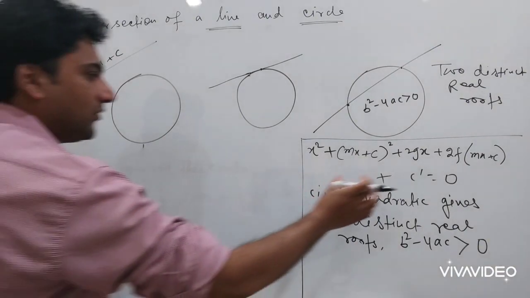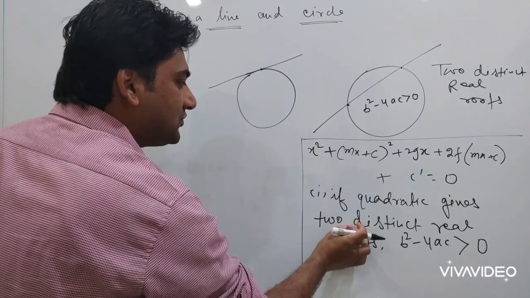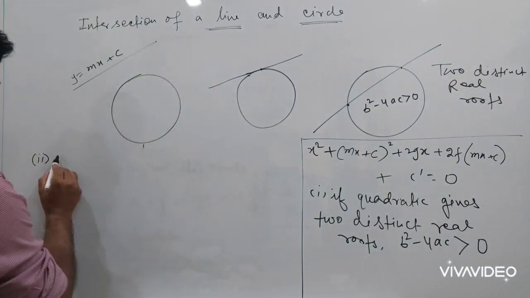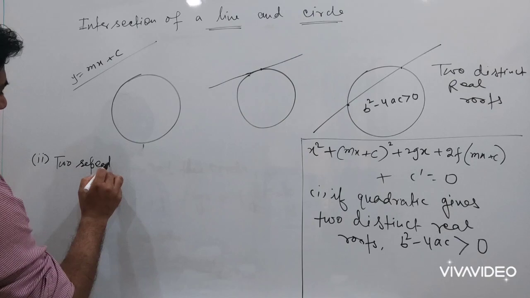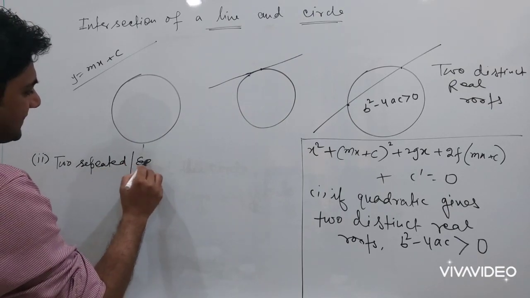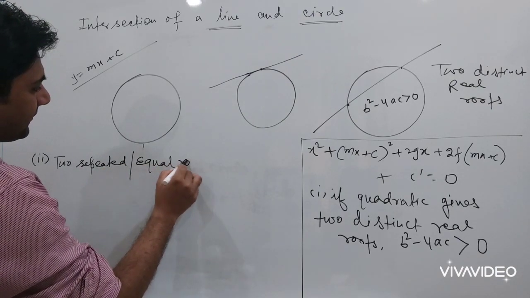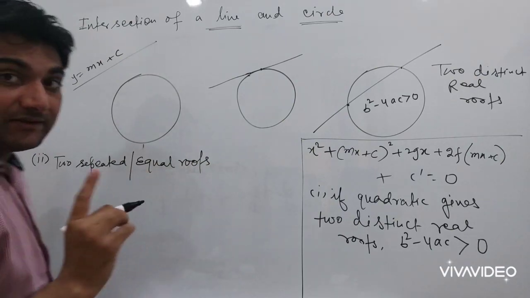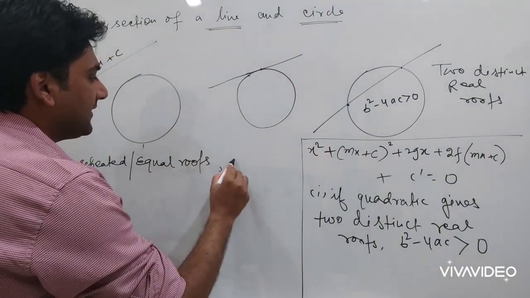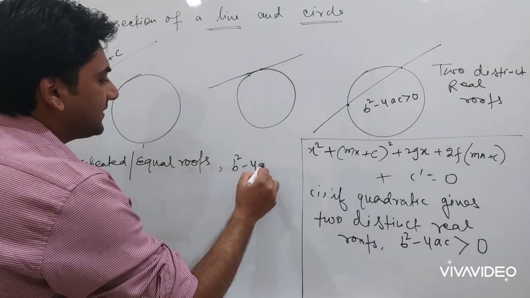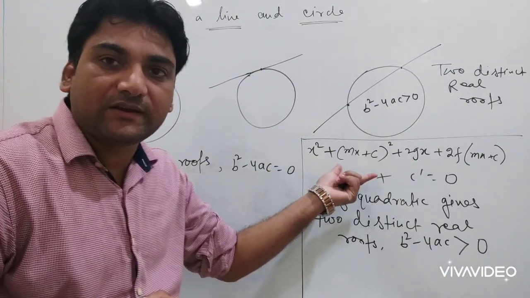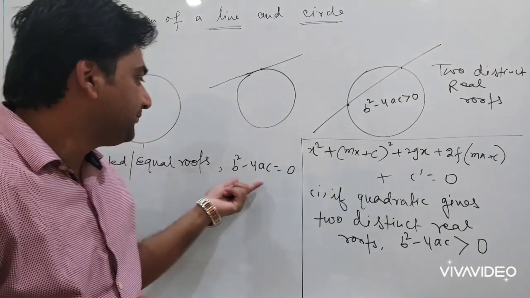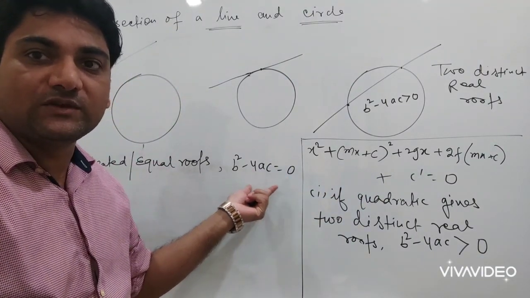Okay, now second case. If the quadratic gives two repeated roots, or we can say equal roots, at that time the condition is b square minus 4ac equal to 0.